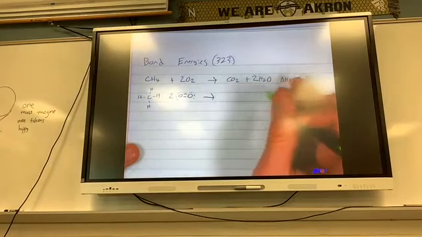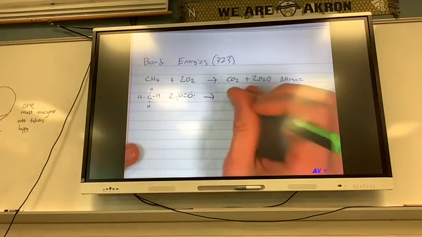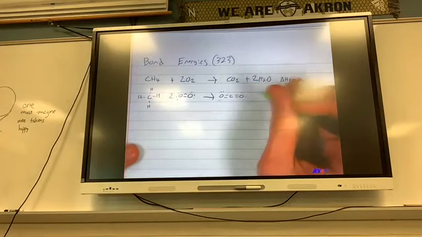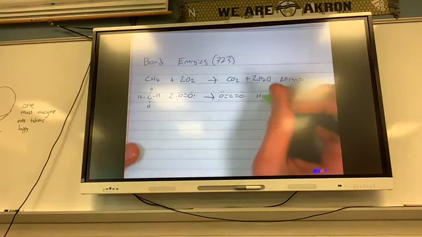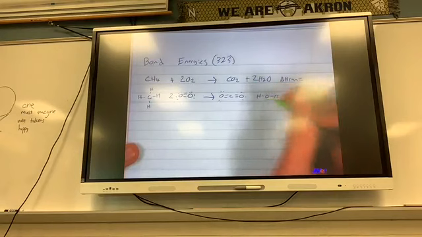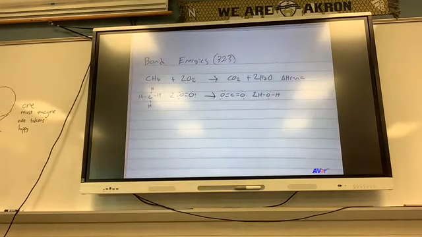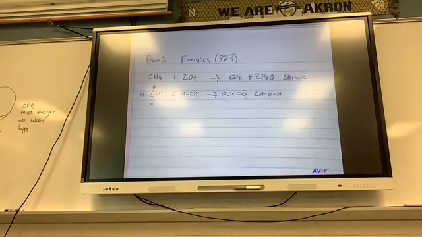Then we've drawn C double bonded to O, and water is HOH, and I have 2 of those. I draw this out because I need to know my number of bonds.